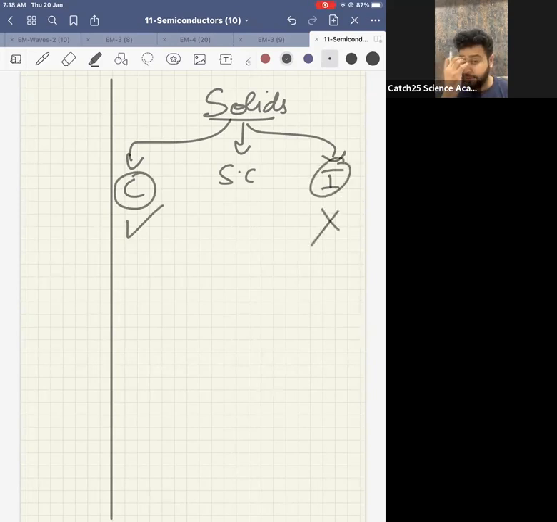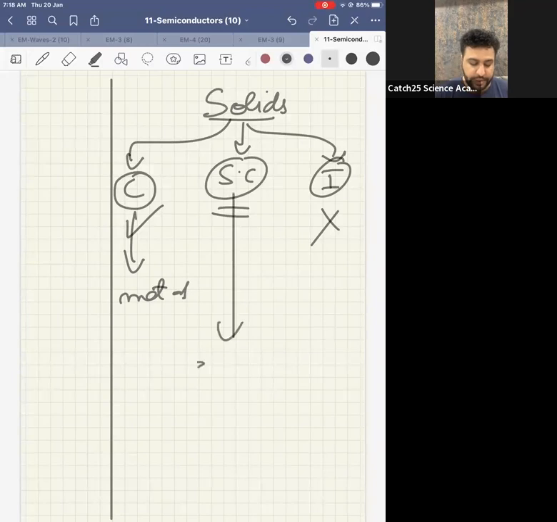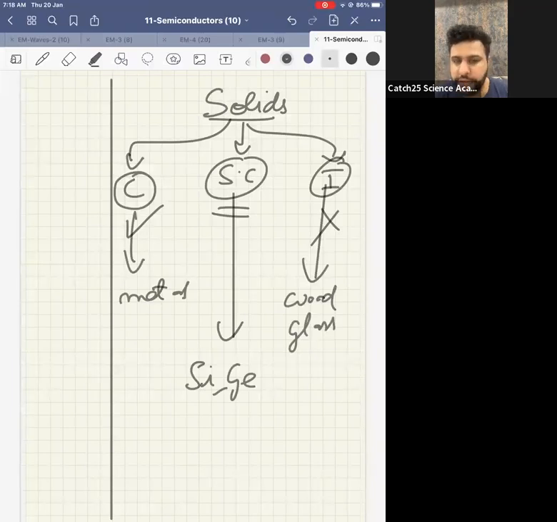Insulator, nothing is conducted. And in semiconductor, partially is conducted. Best example of conductor is all metals, of semiconductor is silicon and germanium, and of insulator is wood, glass, plastic, rubber, etc. Okay, this is your high school definition.